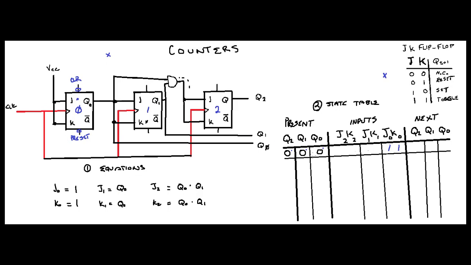Well, we've said that Q0 is equal to 0, right? So they're both going to be 0 and 0. And J2 and K2, now we're on this one over here, right? This one right here. That has Q0 and Q1 ANDed together. And since Q0 is equal to 0, actually Q1 is equal to 0, they're both going to be 0, right?